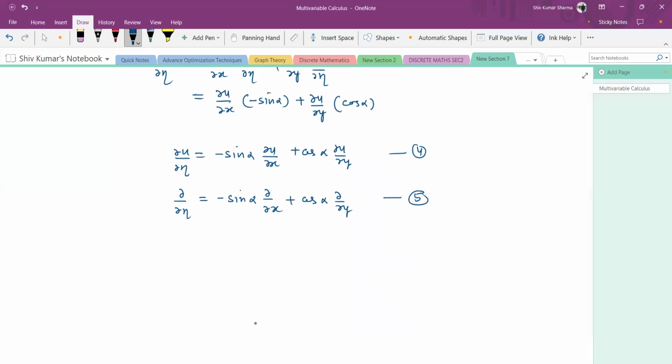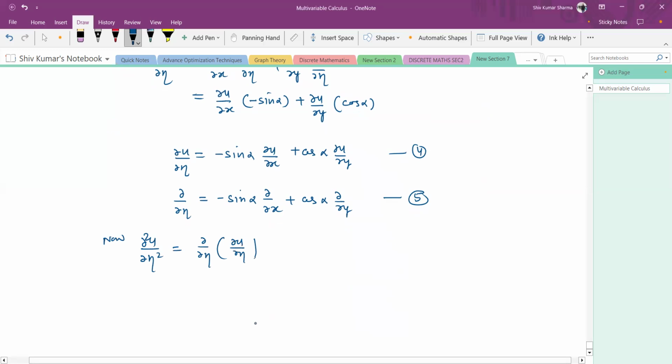Okay, so now we calculate del square u upon del eta square. So del square u upon del eta square can be written as del upon del eta of del u upon del eta. So this is equal to del upon del eta, that is minus sin alpha del upon del x plus cos alpha del upon del y, into del u upon del eta, that is minus sin alpha del u upon del x plus cos alpha del u upon del y.